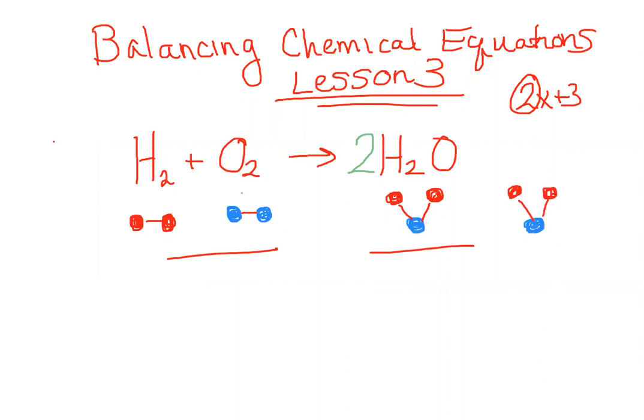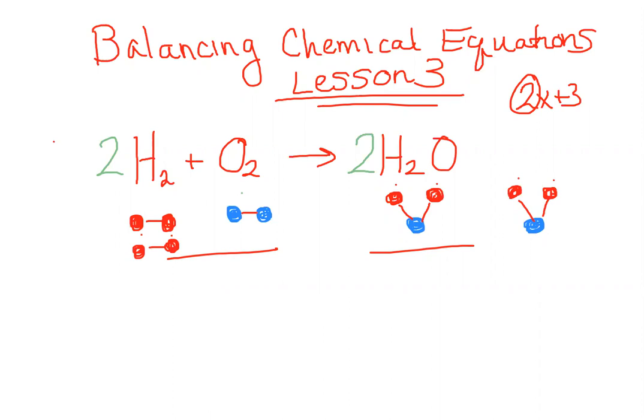So now we have 2 water molecules. So now our oxygens match on both sides of the equation, but now our hydrogens don't match because now we have 1, 2, 3, 4 hydrogens, but we only have 2 over here. So we're going to put a 2 in front of the hydrogen. And on this side, we're going to have another hydrogen atom. And now everything matches.